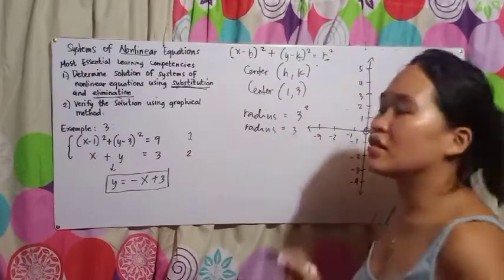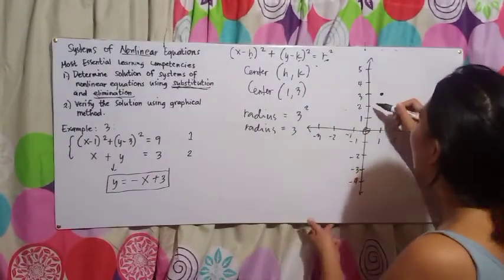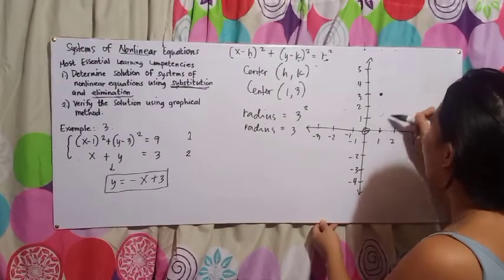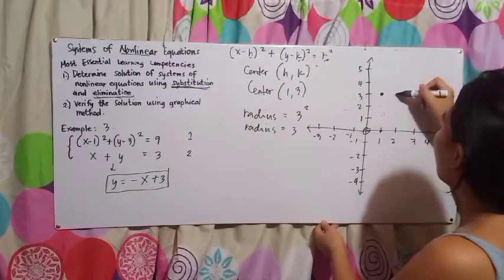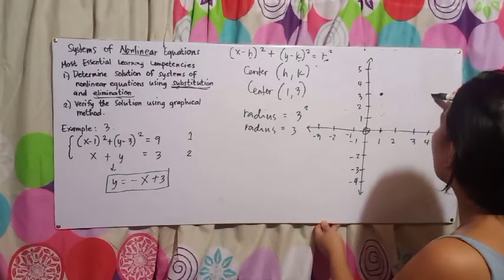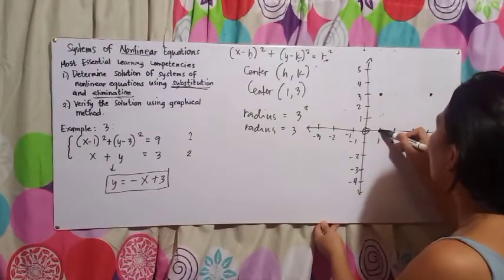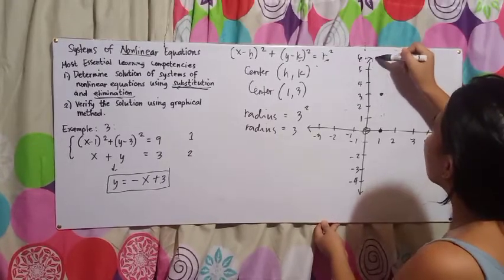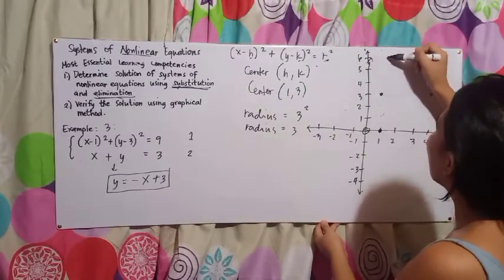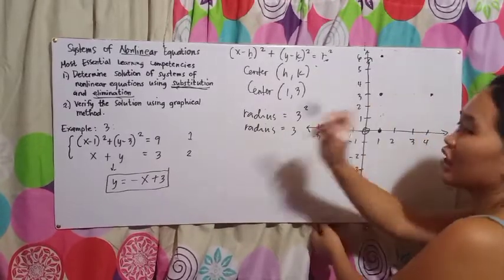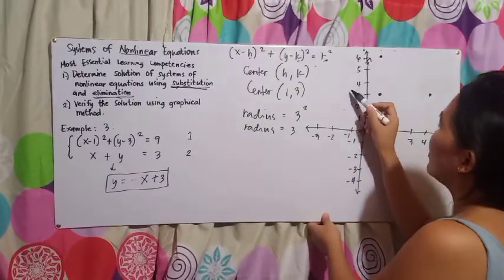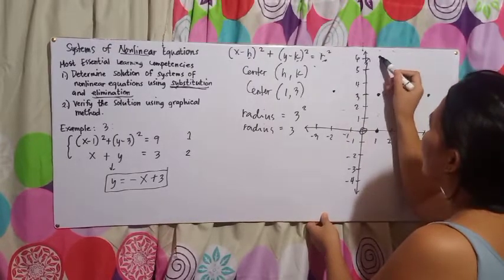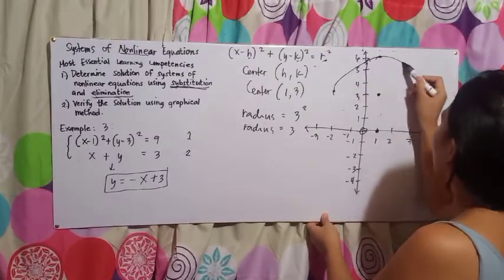Then, ang radius is 3. So, mag-ihap ka og tatlo gikan diri, 1, 2, 3. Tatlo padulong diri, 1, 2, 3. Then tatlo pud diri sa pikas. So, mao ni ang mga edge sa circle.